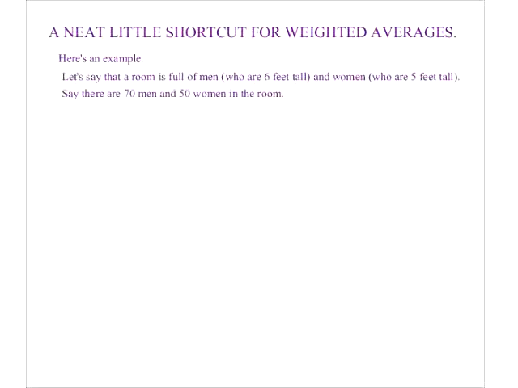Let's find the average height. You guys know how to compute averages, so I'm going to assume that we know how to do that. If not, you can consult the word translation strategy guide. The average is the sum of everyone over the count. So this is the sum of everybody, as you have 70 men who are 6 feet tall each and 50 women who are 5 feet tall each, and there are a total of 120 people in the room.